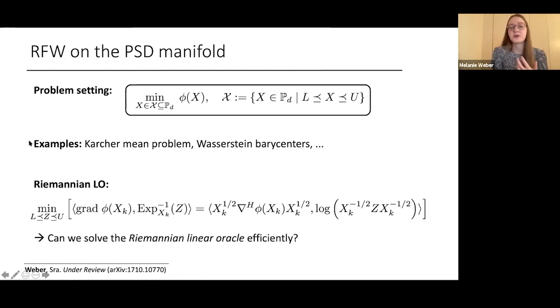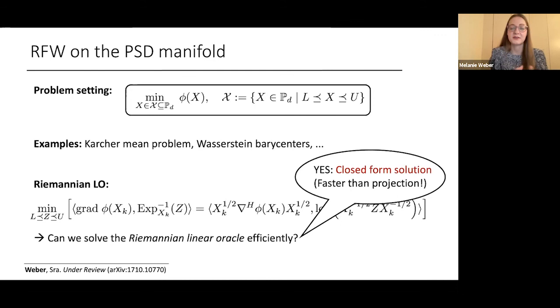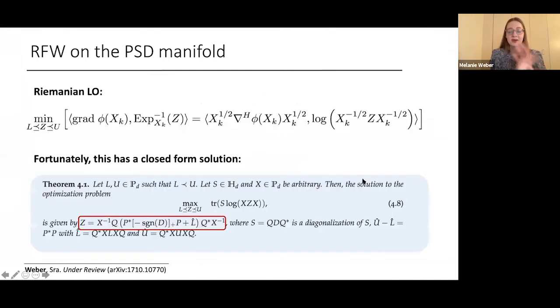And problems of that form are averaging problems like the Cauchy mean problem, for instance, or computing Wasserstein barycenters. And in this specific case, we can solve the Riemannian linear oracle, so this crucial subroutine, very efficiently. In fact, we can even solve it in closed form. So I'm not going to go into details. I'm just going to show the theorem.